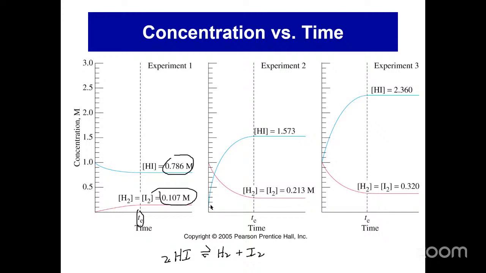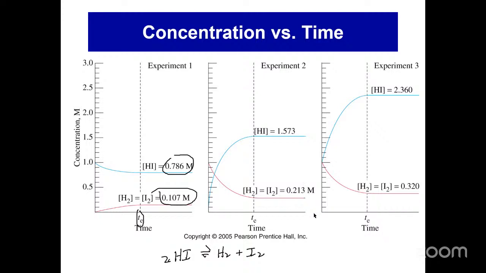At the same time, the concentration of HI increases until, when equilibrium is achieved, it remains constant. So you start off with a 1 molar solution of both H2 and I2 and no hydrogen iodide, and you end up with this situation. And these are the values for the equilibrium concentrations of HI, H2 and I2.